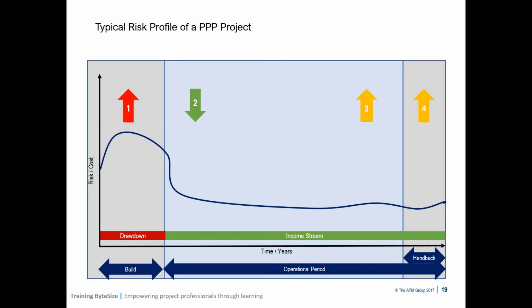And then finally, in that handback period, there may be, again, some additional risk. We know that we're going to call in the independent engineer or independent certifier to look at the asset, and they will take a view on whether or not there is sufficient life left in certain parts of the asset that have been specified in the contract that go beyond contract term, let's say for 3 to 5 years.